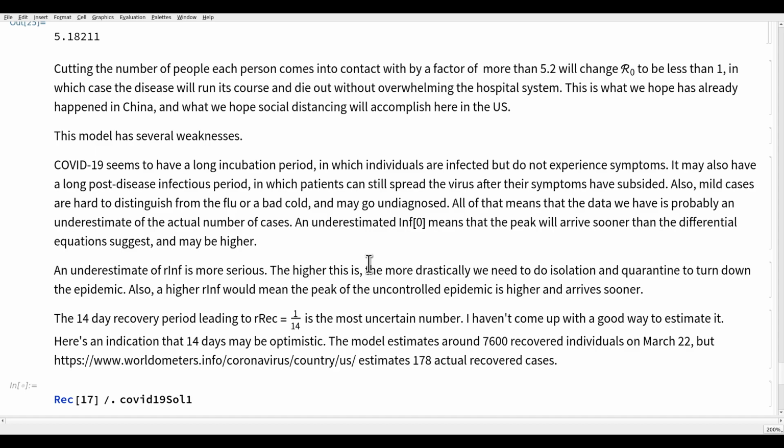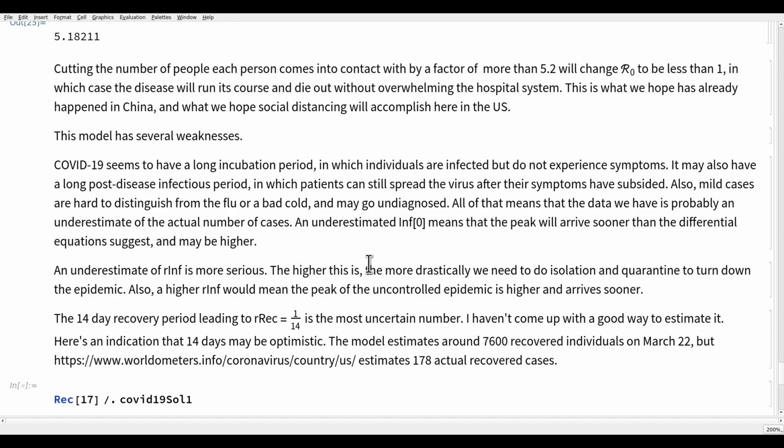So it's possible that the 14-day recovery period is not a good estimate. If people are able to pass the disease on after they've seemingly recovered, then the 14 days is too short. But if people are recovering and no longer contagious but still coughing, then maybe the 14 days is too long.